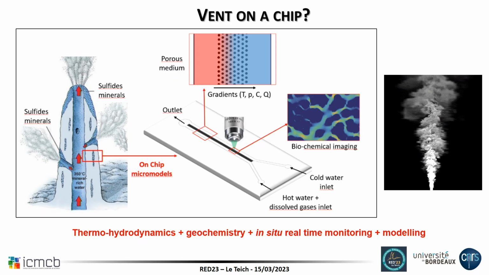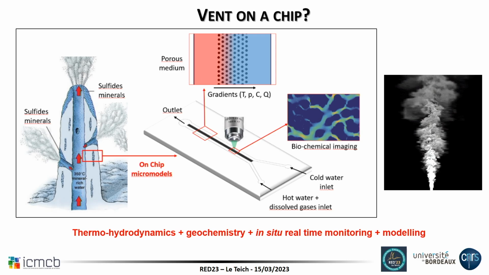And to me, what is more interesting here is that you can mimic the cross section of a vent by injecting on one side hot water and dissolved gas, meaning hydrothermal vent fluid, and cold water, typical of the ocean water, on the other side, through a porous media that represents the porosity of the vent right here.